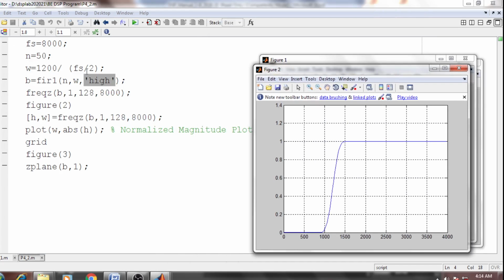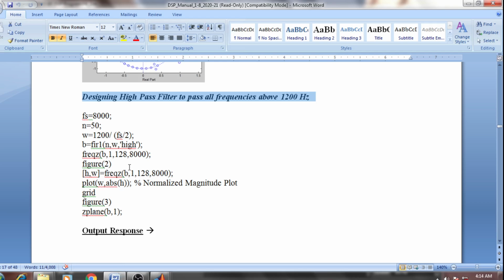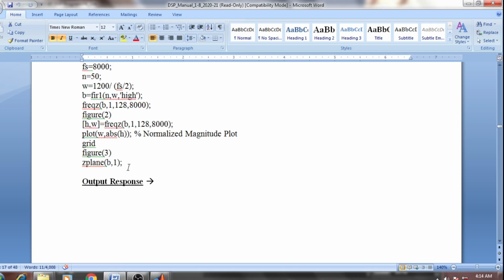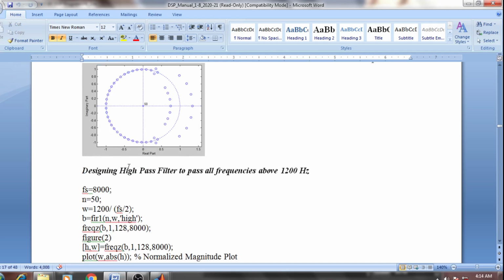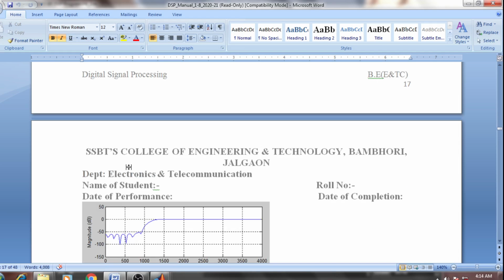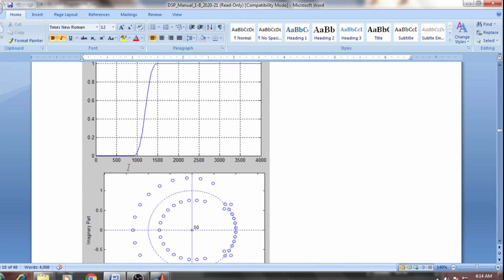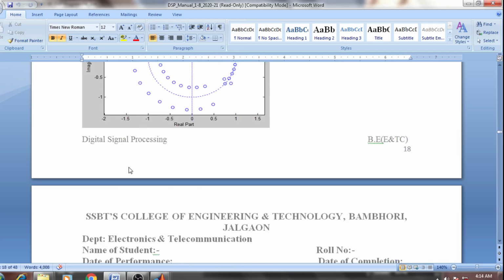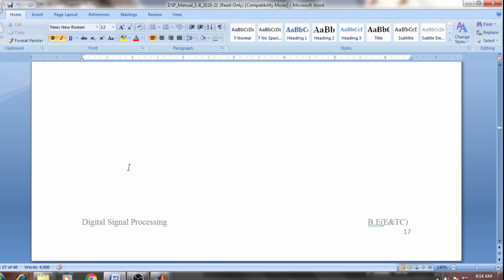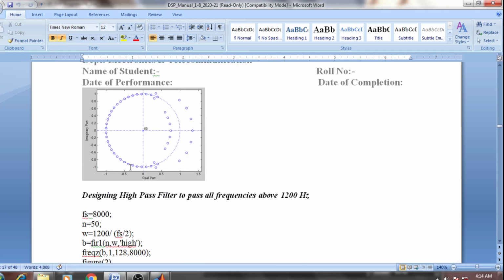So the program is very similar. I hope you could understand it. So this is about our FIR filter, low pass and high pass filter design. In the manual I have also copied all these graphs for the low pass as well as the high pass filter.